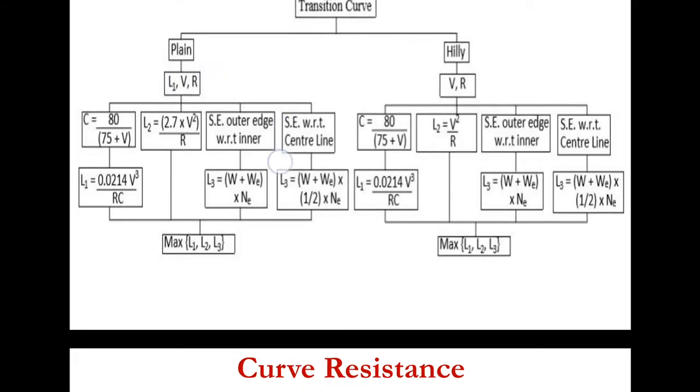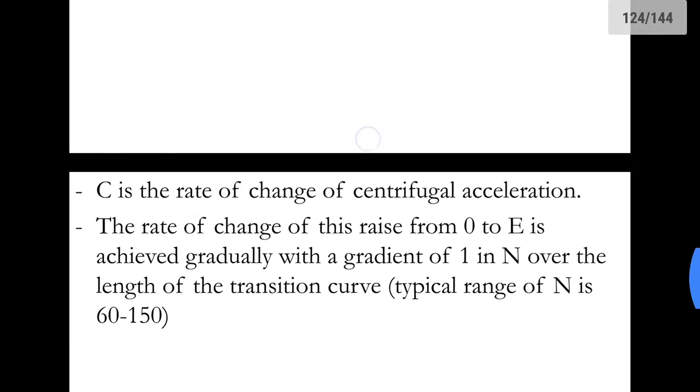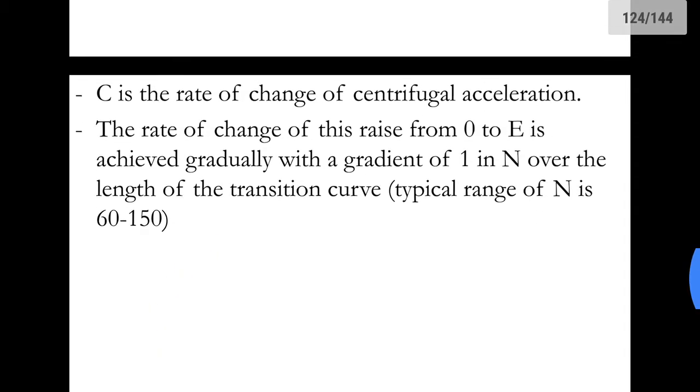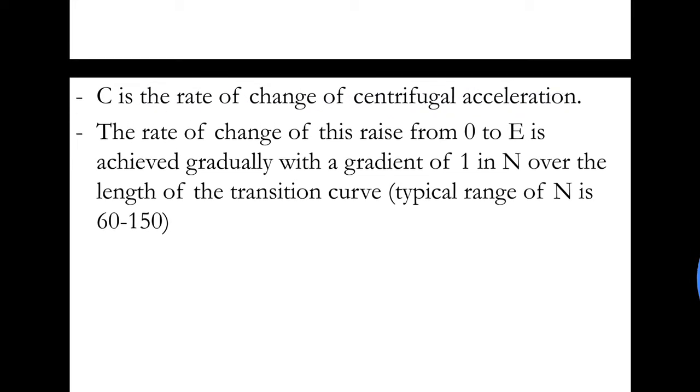Now first let us look at the formula for plain terrain conditions. The first condition was the rate of change of centrifugal acceleration. Here the formula is given as C = 80/(75+V). Firstly we need to find the C value, which is the rate of change of centrifugal acceleration.